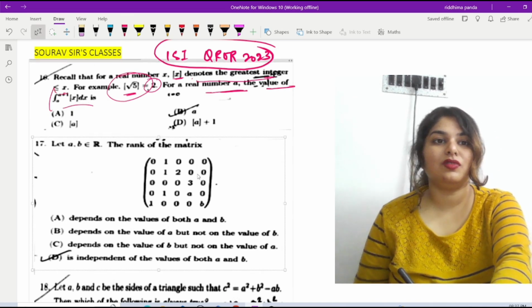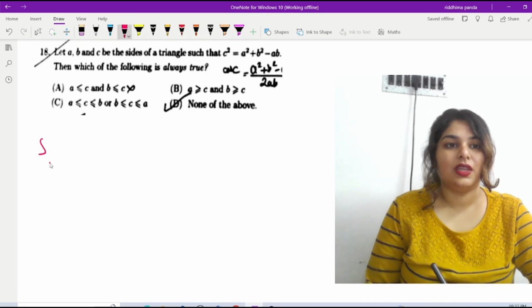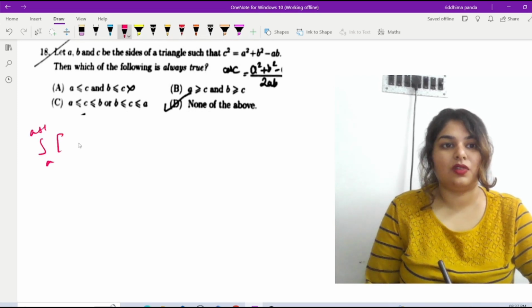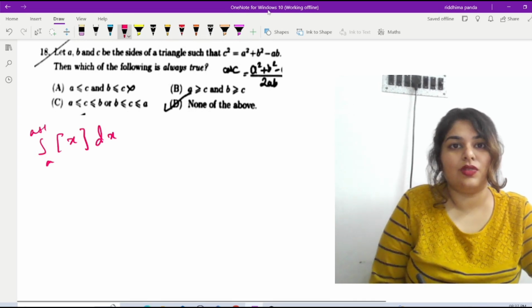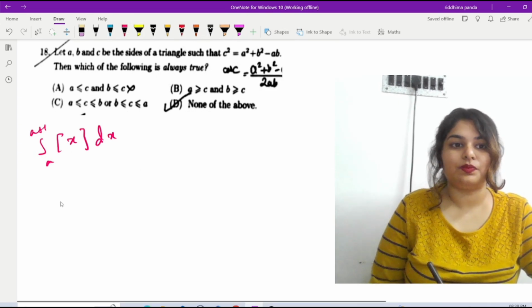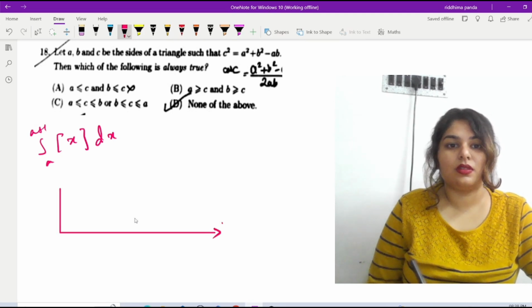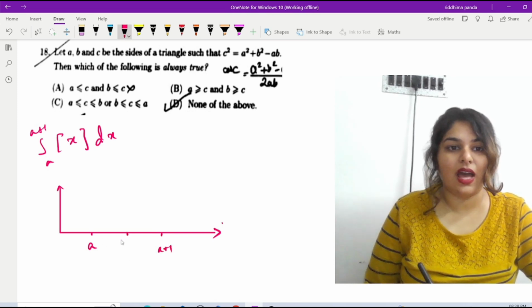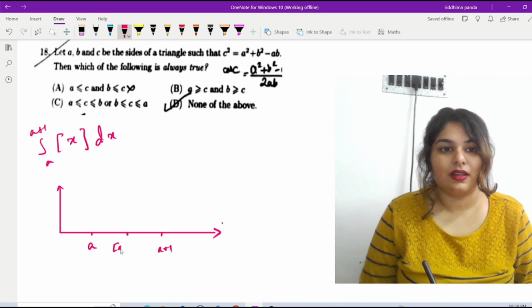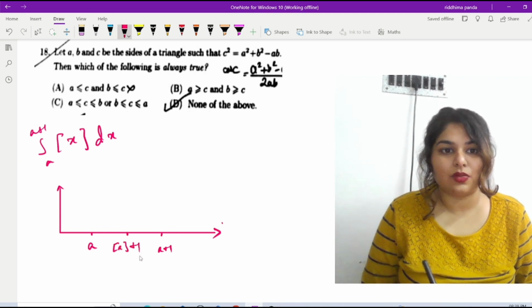First let us write down the question, that is the integral from a to a plus 1 of the greatest integer function dx. What is the meaning here? Let us try to understand with the diagram. Suppose this is our lowest and largest number, and in between we have the greatest integer value plus 1.